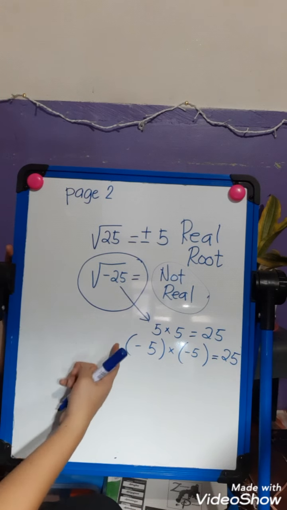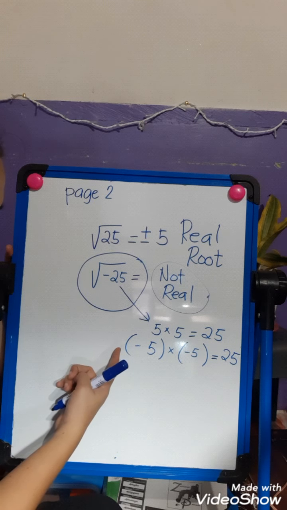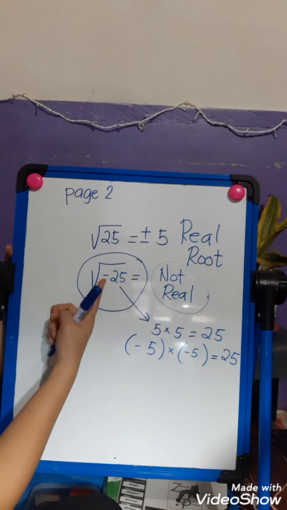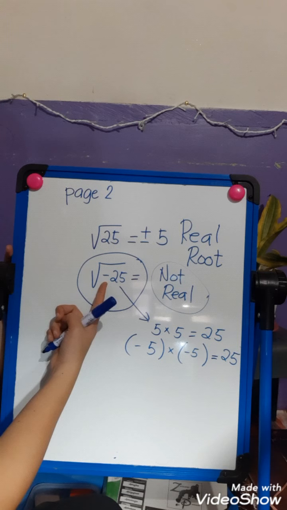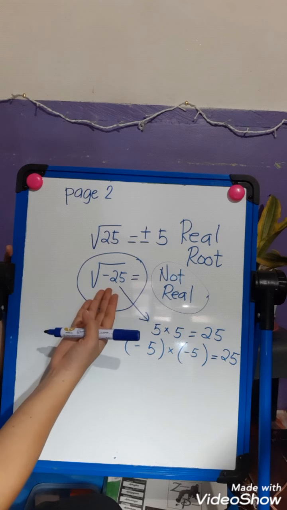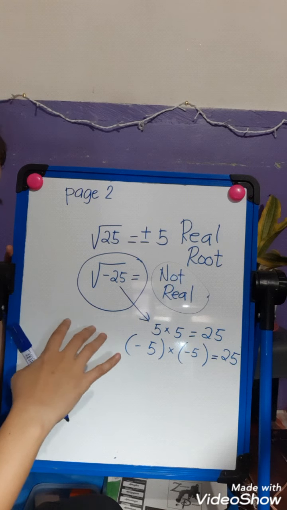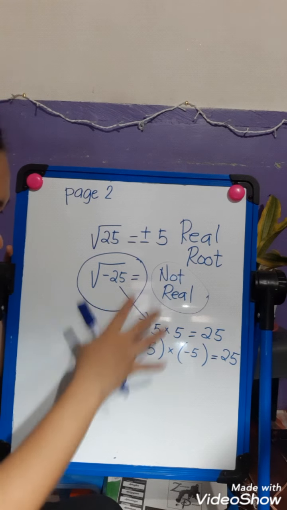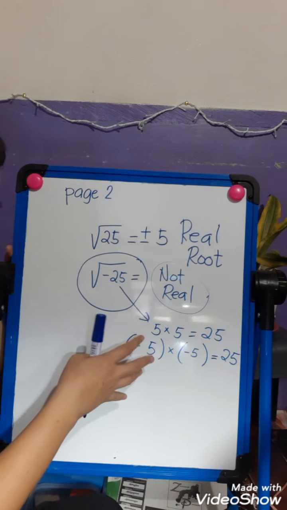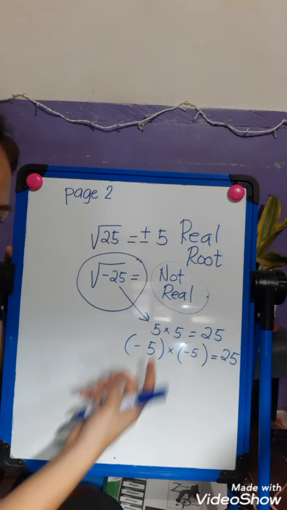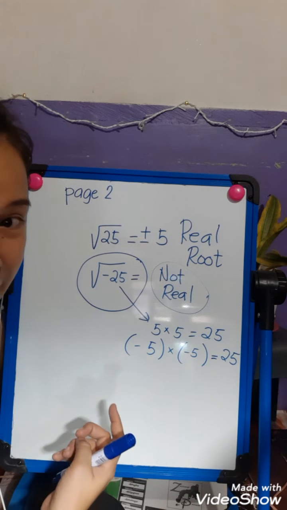So either of these two options cannot give negative 25. So its answer does not exist for our grade 9 level, so it is not real.